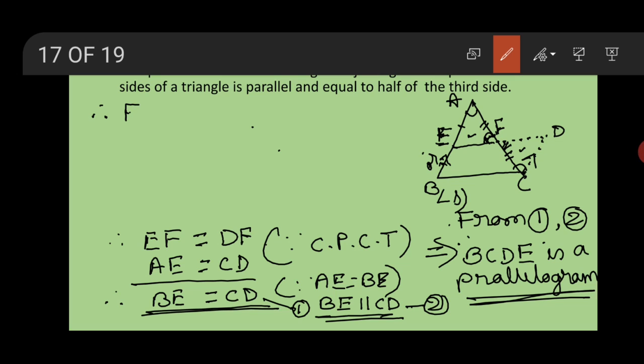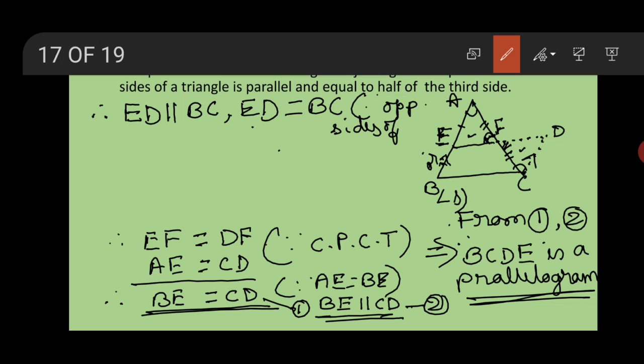Therefore, you can say ED is parallel to BC and also ED is equal to BC, because reason is what? Opposite sides of parallelogram. Write down.